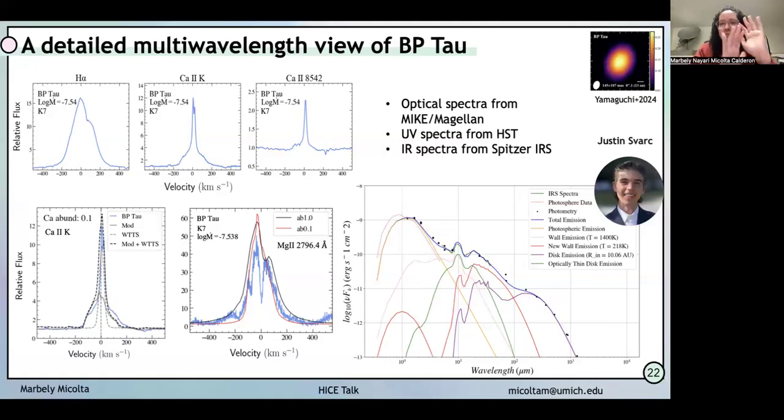I haven't read that much. But I think it's very interesting to see what the dust is doing inside 10 AU, because first of all, that's where we see all these planets that we can detect so far, and that we don't have in our solar system.